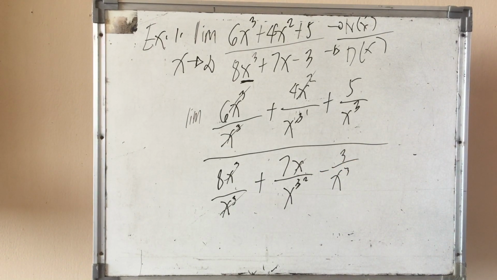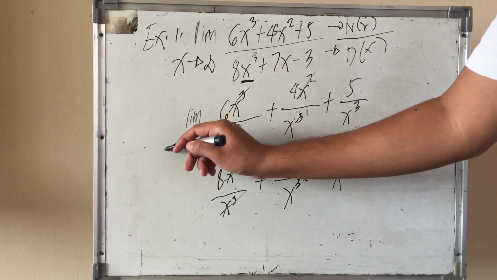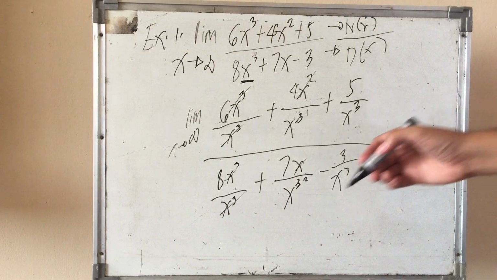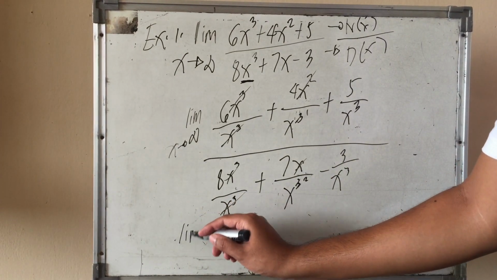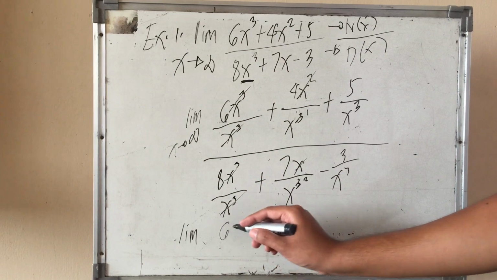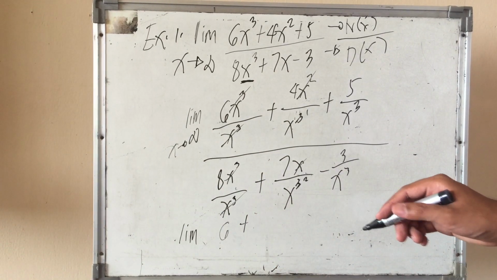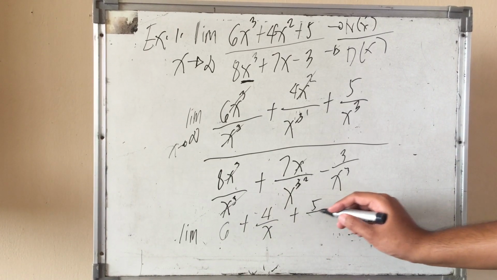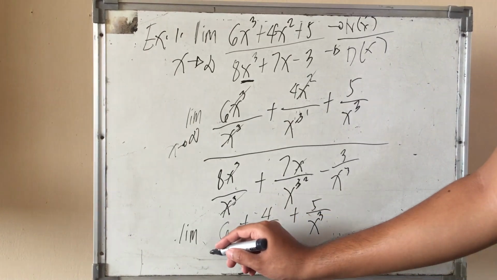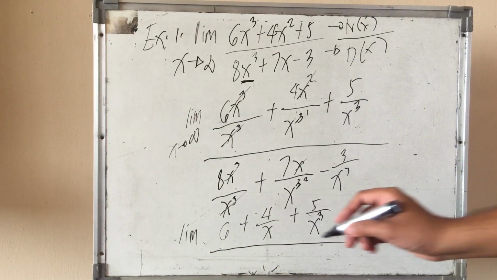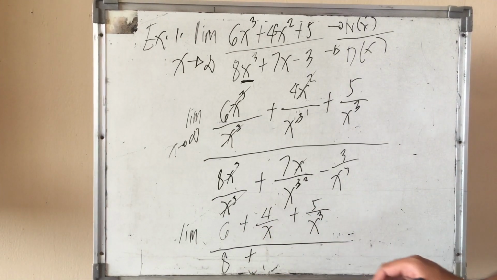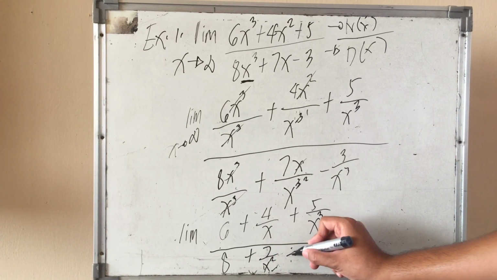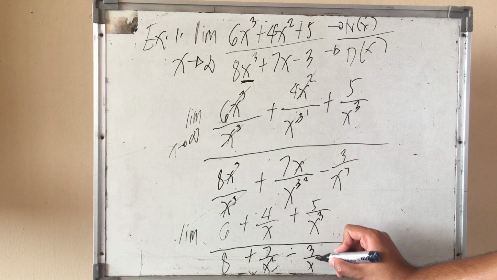Simplifying this expression as x approaches infinity, we have the limit of 6 plus 4 over x plus 5 over x cubed, divided by 8 plus 7 over x squared minus 3 over x cubed.